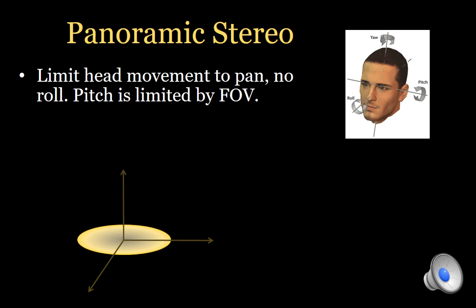However, if you restrict your problem to panoramic stereo, not omnidirectional stereo, we would essentially restrict the motion of the eyes to that along a circle, a horizontal circle. This means your head is allowed to move only in the yaw and the pitch and not a roll.